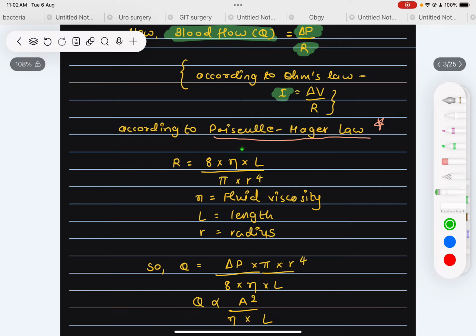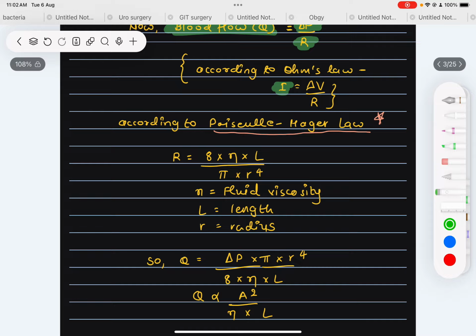Now there is the Poiseuille-Hagen law, which states that the resistance is directly proportional to the length that has to be covered, and inversely proportional to the diameter, not squared but raised to 4. So diameter means the radius raised to 4.